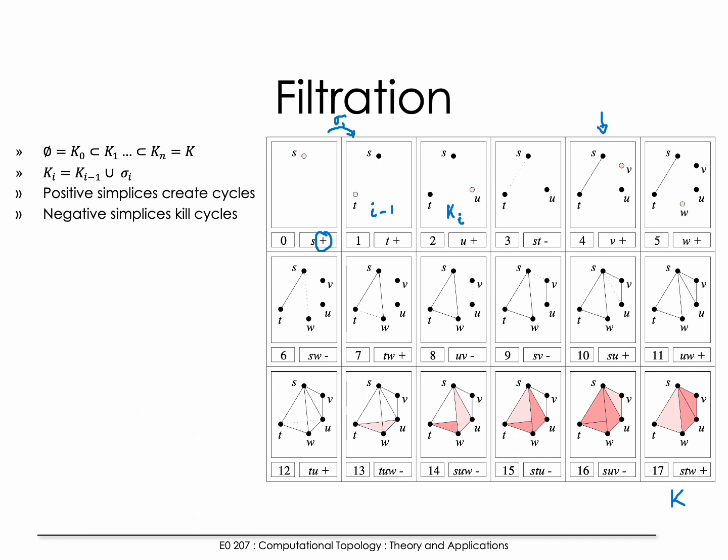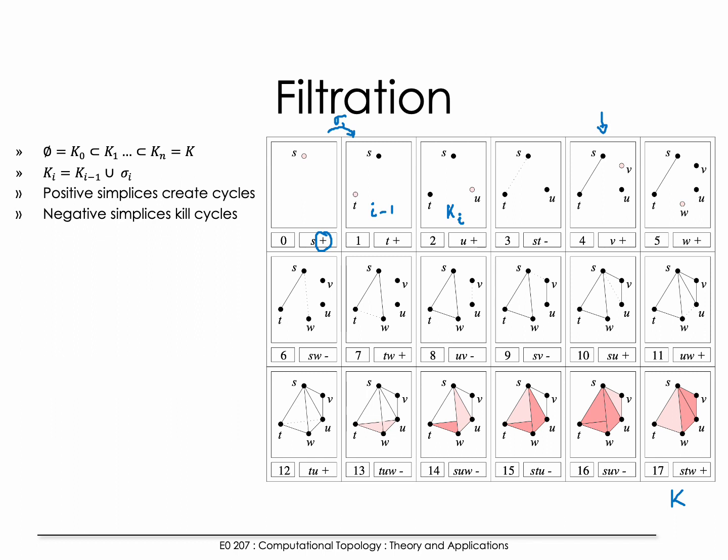So it reduces the number of connected components. So hence SW is negative. Next, we insert the edge TW. Now, if you look at the edge TW, when it's inserted, it creates a one cycle. So this is a creator, and hence TW is termed as a positive simplex.